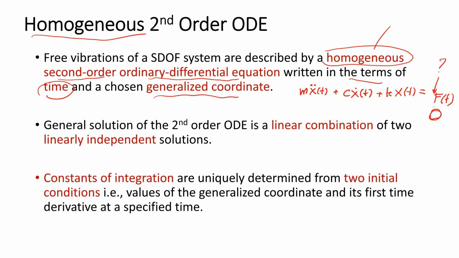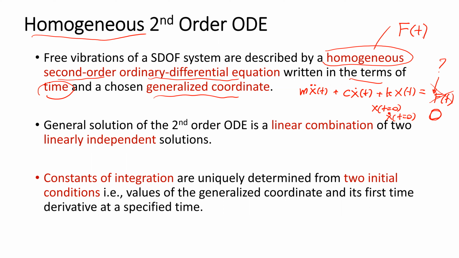We are not going to consider the effect of the applied force, but only the effect of the initial condition when time equals 0: initial position and initial speed. Homogeneous means the external force is 0.